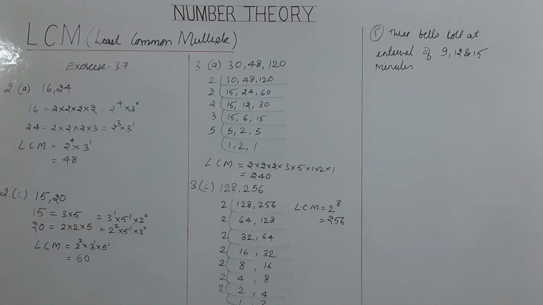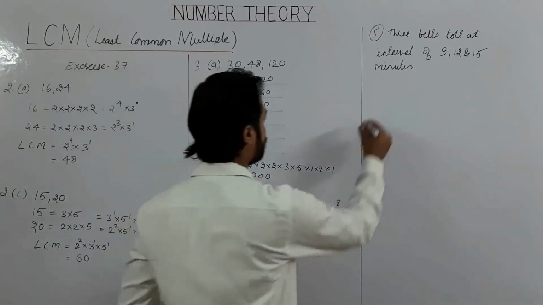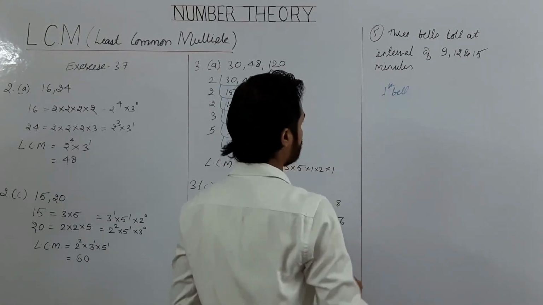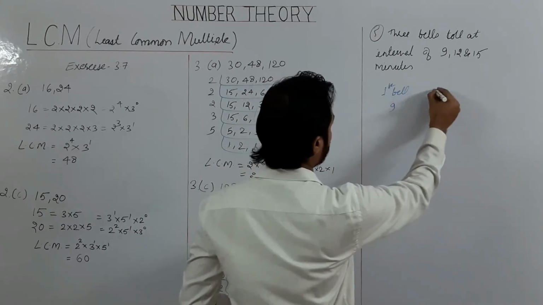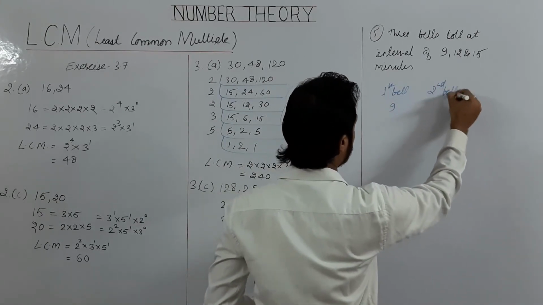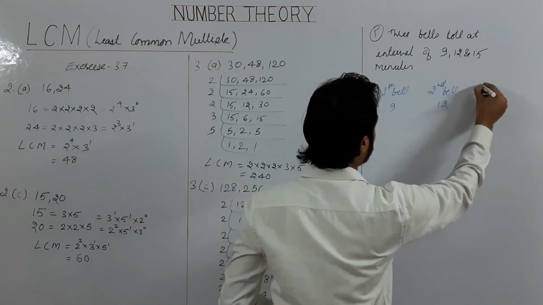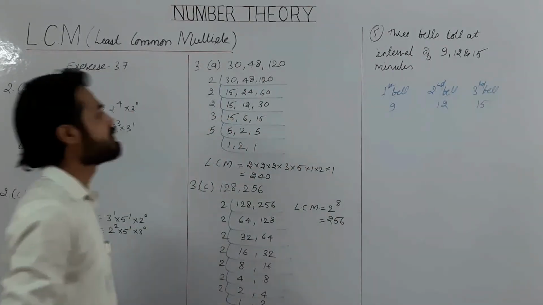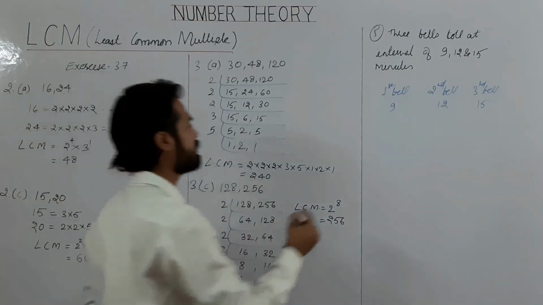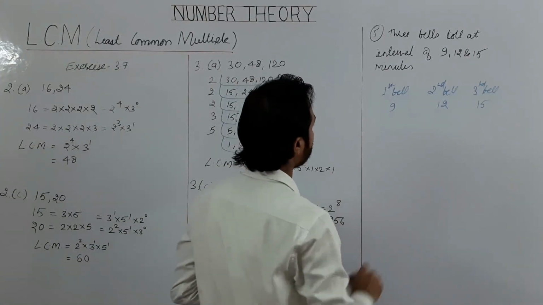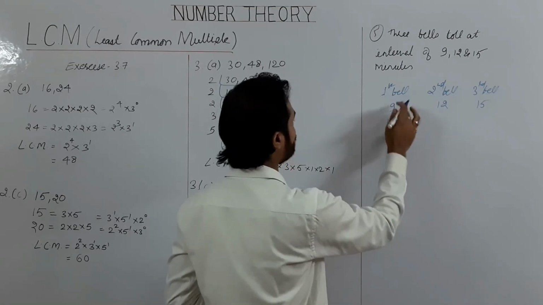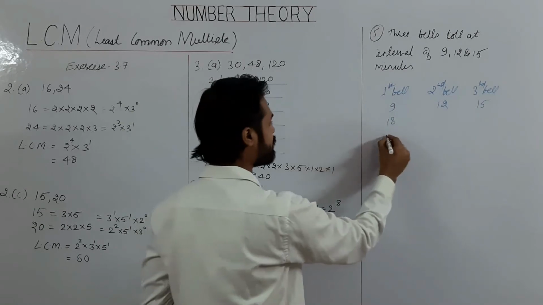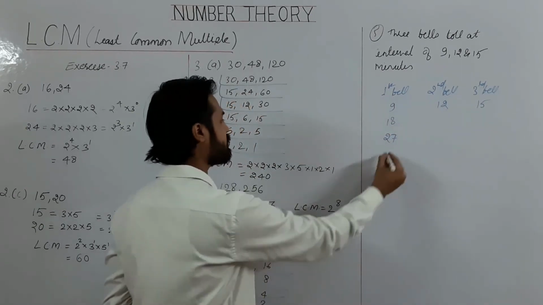It means the interval for the first bell is 9, for the second bell is 12 and for the third bell 15. So after 9 we will get 18. So this bell is going to toll again after 18 minutes, then 27 minutes and so on.